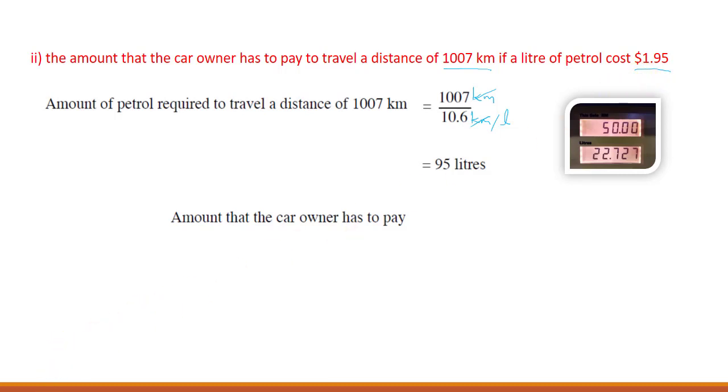So the amount that the car owner has to pay will be equal to 95 liters, because this is the petrol required to travel 1007 kilometers, multiplied by its cost, which is given in the question, $1.95. So we multiply 95 by $1.95, and the answer will be $185.25.